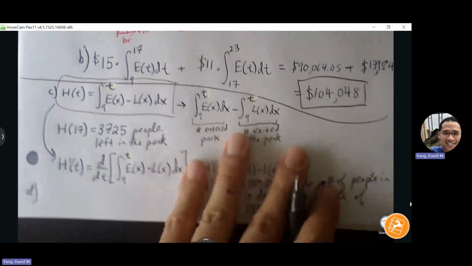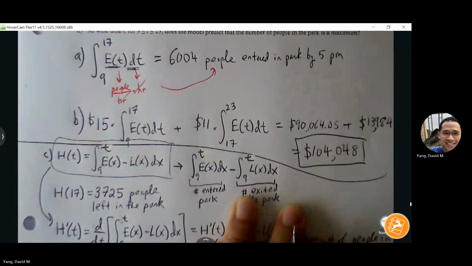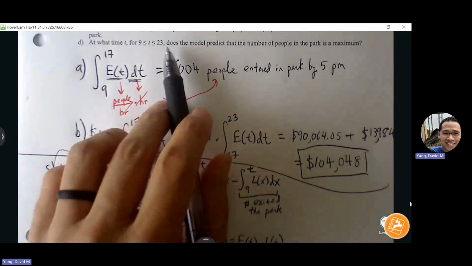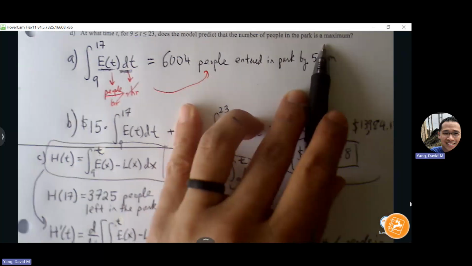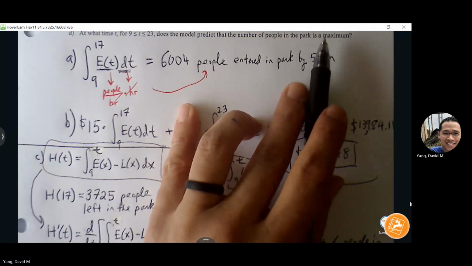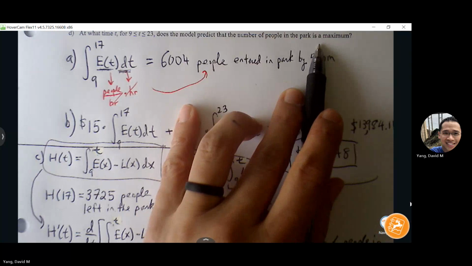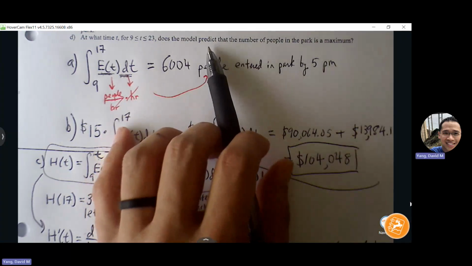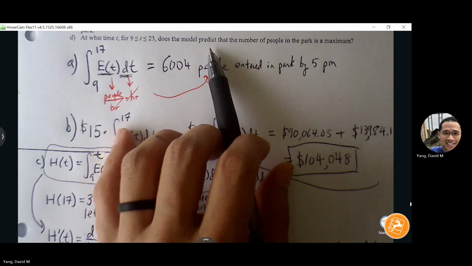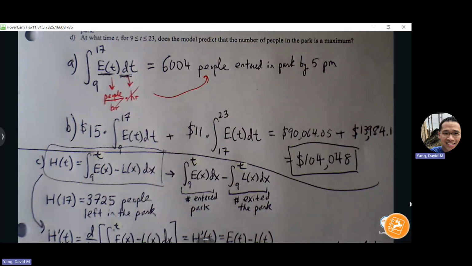Okay, part D. At what time does the model predict that the number of people in the park is at a maximum? Okay. So if you had to just guess, when would you expect the park to be at a maximum on a normal day at an amusement park?